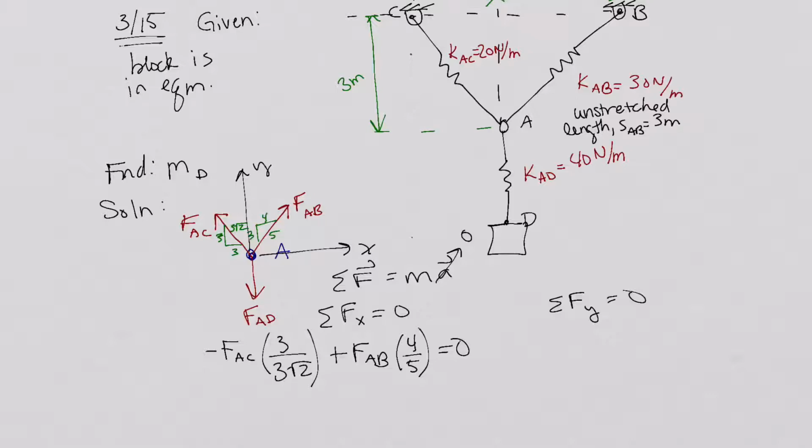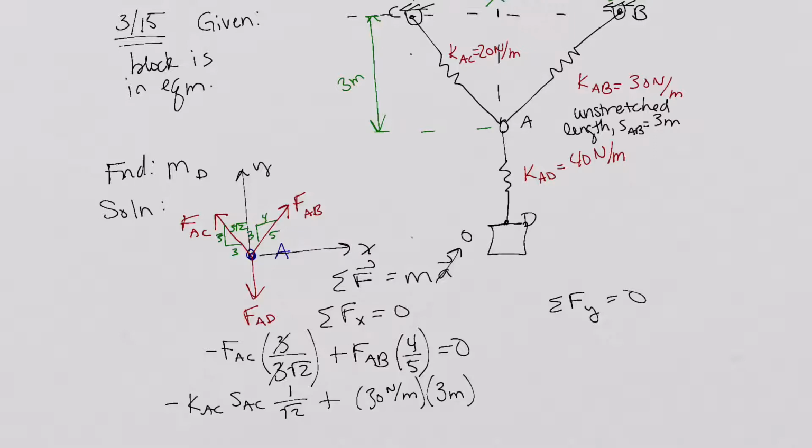So we'll say it's negative K of AC times that S of AC, 3 over 3 times 1 over square root of 2, plus FAB, we actually do know stuff about, so that'd be K, that 30 newtons per meter, times the change in length.